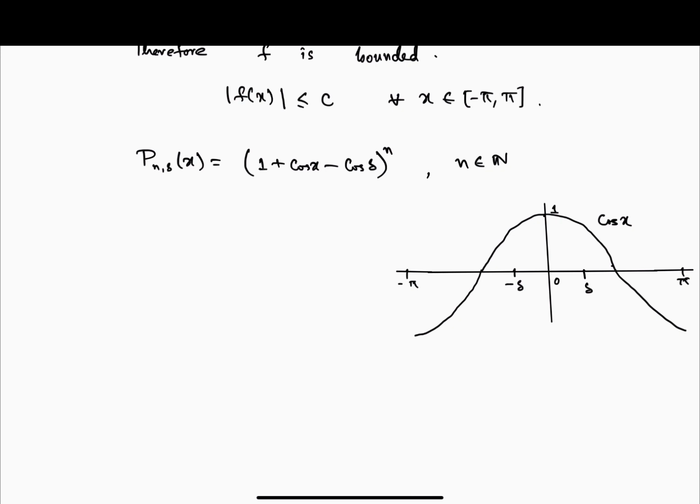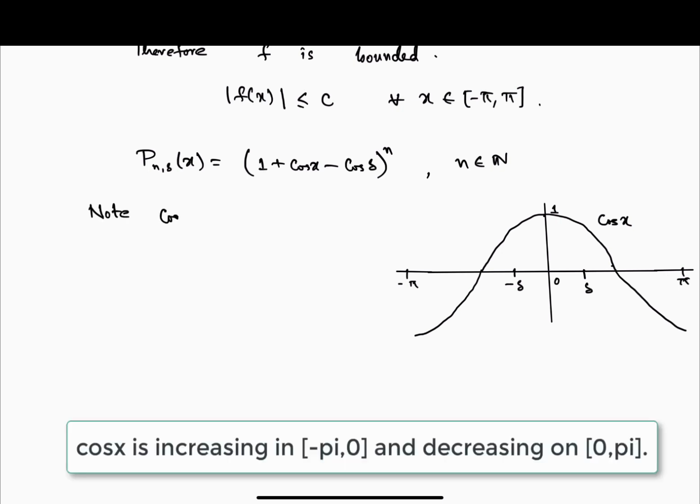Note that cos x is decreasing on 0 to pi, and it is also decreasing on minus pi to 0 on this side. So we'll use this fact, that cos is decreasing.